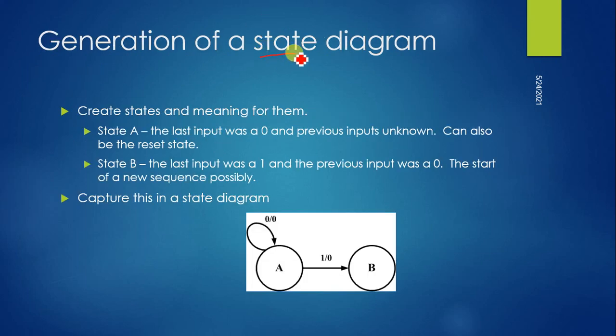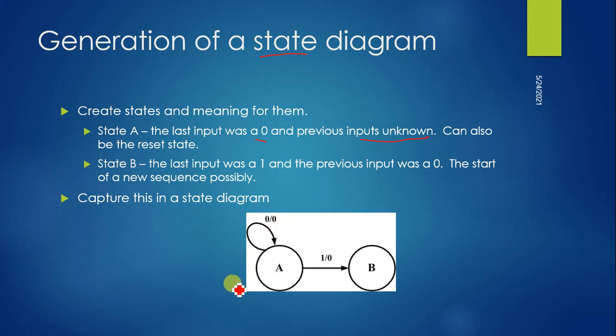State diagram: state means the situation, something we generally refer to, right? So let us assume we have two states, state A and state B. In state A, the last output was a 0 and the previous input is not known.